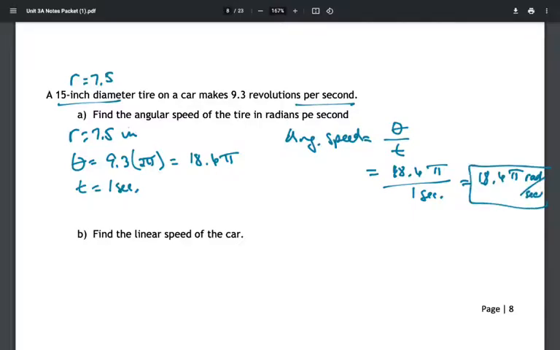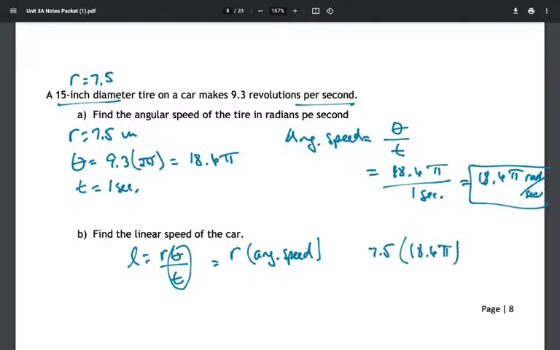Now to find the linear speed. Remember a while ago we said linear speed was r times theta divided by time, but that's your angular speed. So you're just going to do r times the angular speed, which r is 7.5. And then my angular speed was this 18.6 pi.